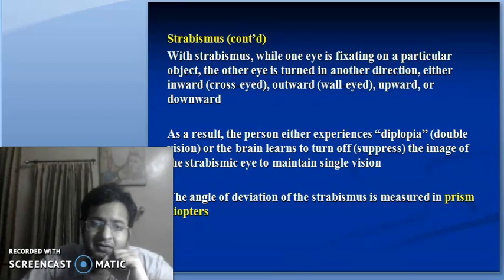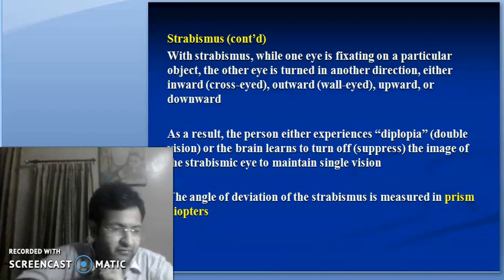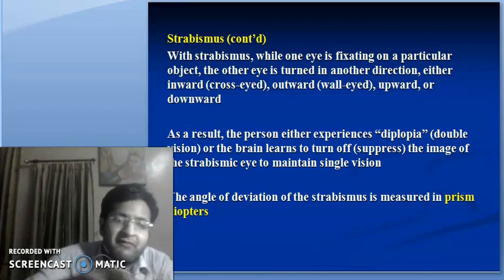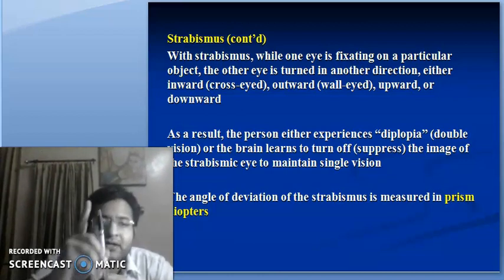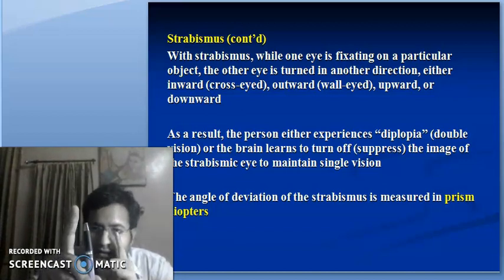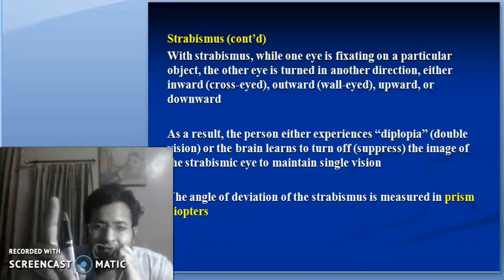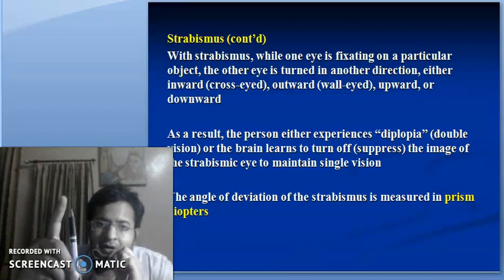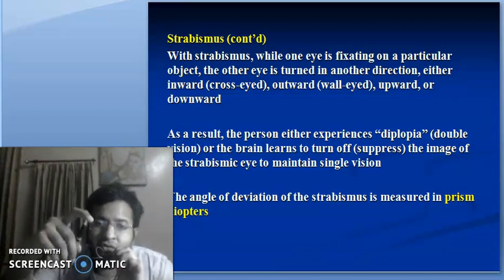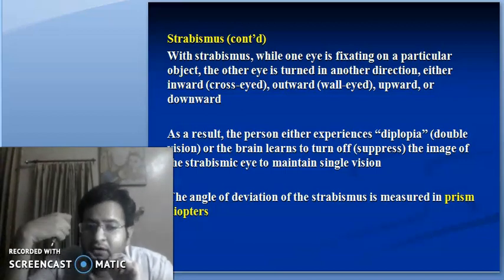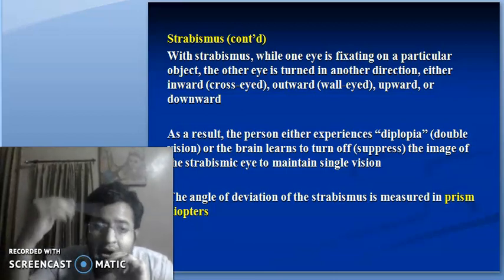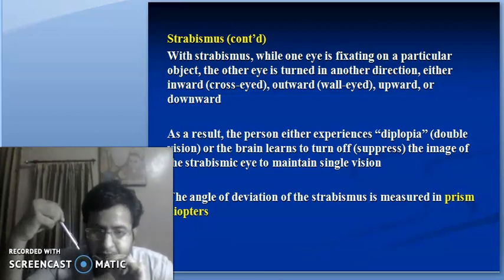With strabismus, while one eye is fixating on the object, the other eye deviates in some other direction: inward, known as cross-eyed, outward, known as wall-eyed, upward or downward.